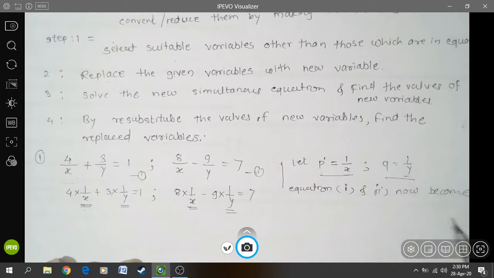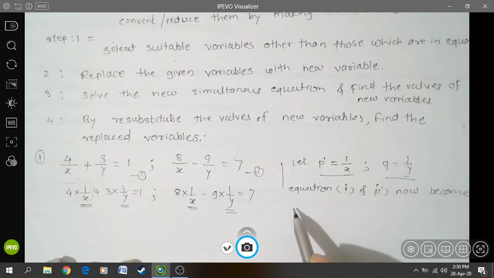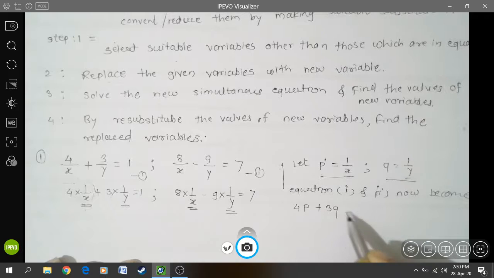after replacing 1 upon x with p, we get 4 into p plus 3 into q is equal to 1, and 8 into p minus 9 into q.